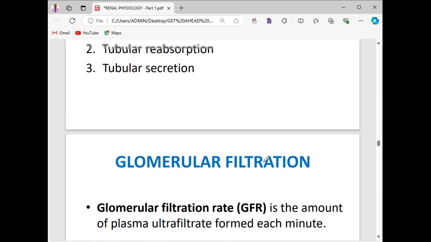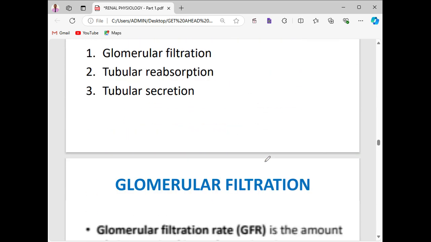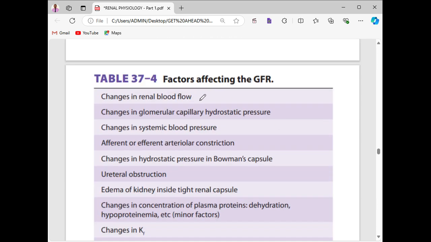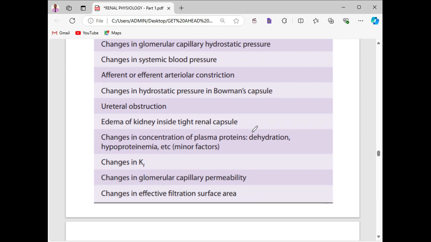So we have some factors which affect or regulate glomerular filtration rate. For example, renal blood flow increases glomerular filtration rate. Tubuloglomerular feedback decreases glomerular filtration rate.